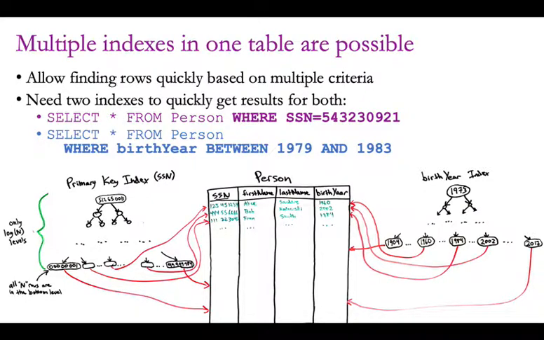So if you were looking for the person with a certain social security number, like this purple query, select star from person where SSN equals this number, the database management system would use this tree to quickly find the node that has that number, and if there was one, it would have a reference to the row in the database that had all the details.